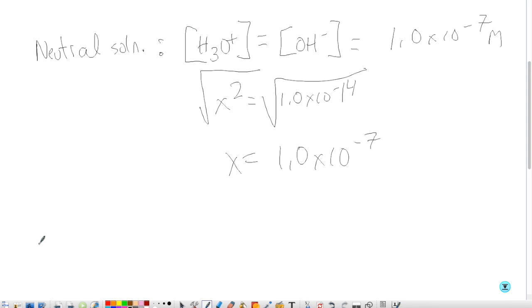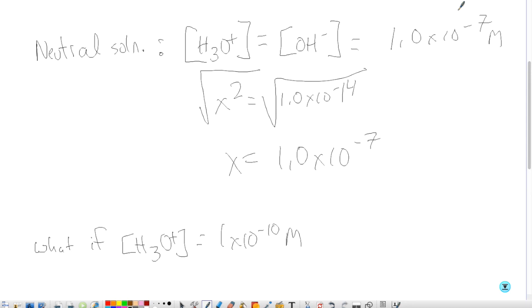Well, what would we say about the solution if the concentration of H3O plus is equal to 1 times 10 to the minus 10 molar? Well, that's interesting. Okay, well, 1 times 10 to the minus 10 is less than 1 times 10 to the minus 7.